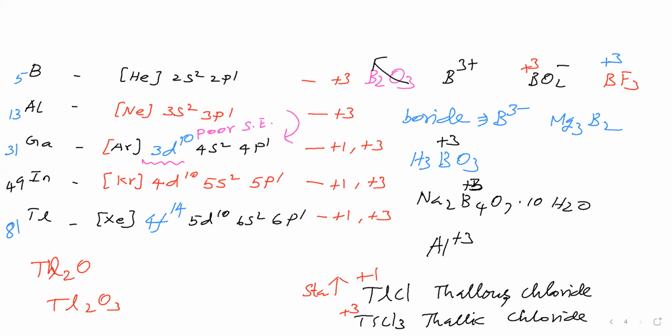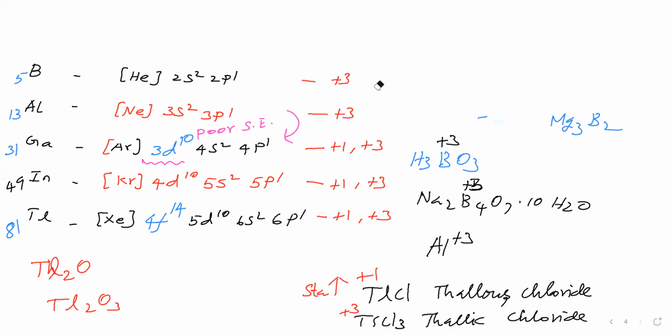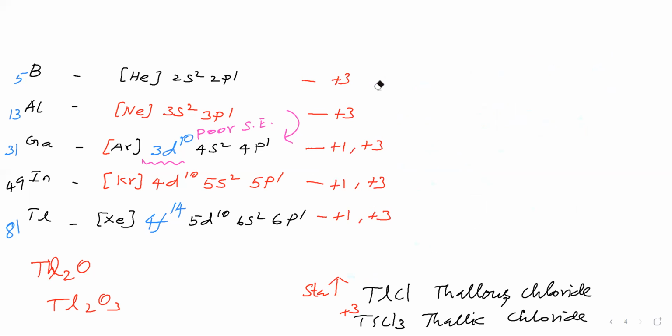Okay. That means, why is boron not showing +1? Why is aluminum not showing +1, but the rest are showing +1? What is the reason?